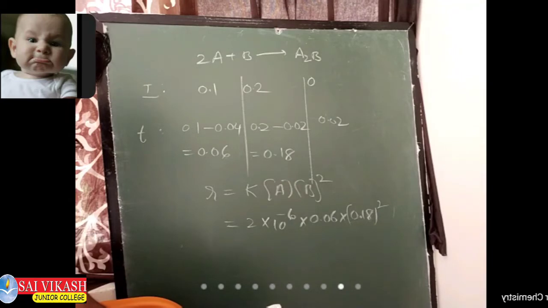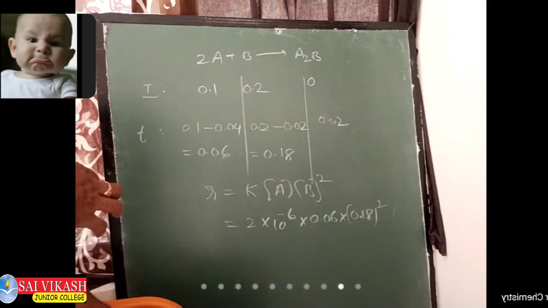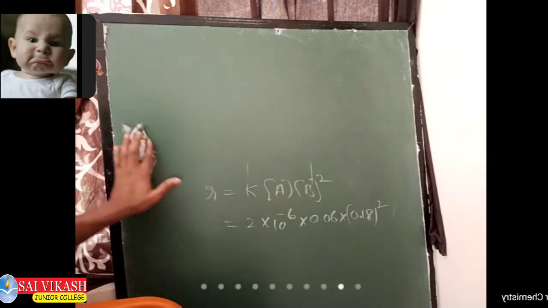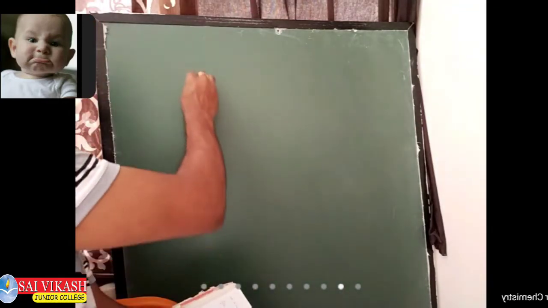Next, look at 4.1. 4.1 is: from the rate expression for the following reaction, determine their order of reaction and dimensions of rate constants. Look, order of reaction and dimensions for the rate constant. For the dimensions of the rate constant, I told you the general formula. What is that?